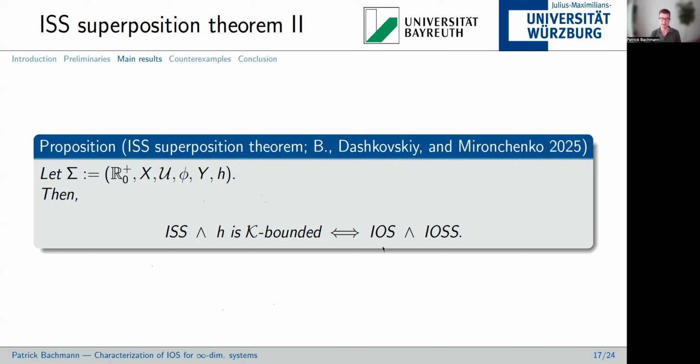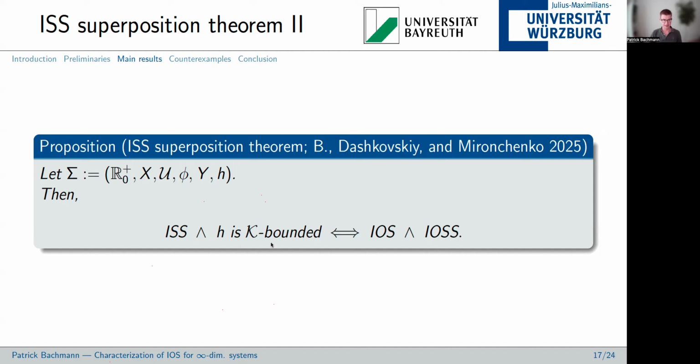So then IOS is more or less the controllability part, and IOSS is the detectability for nonlinear systems. A similar result for finite dimensional systems already existed before, but for infinite dimensional systems, it's crucial that H is also k-bounded.